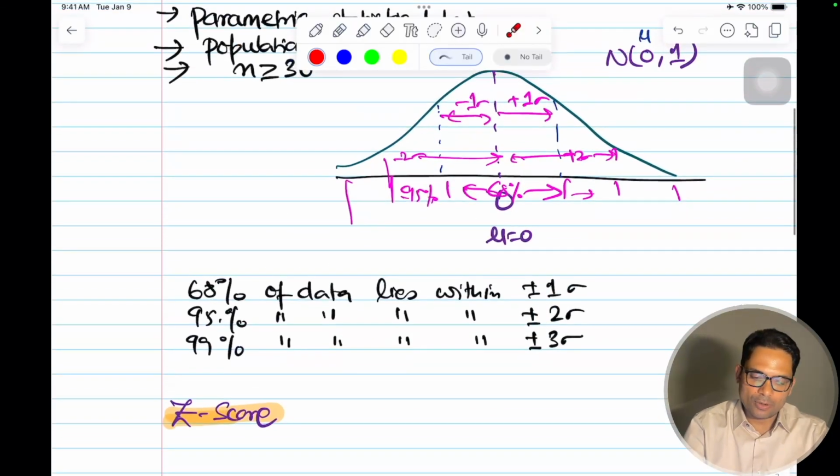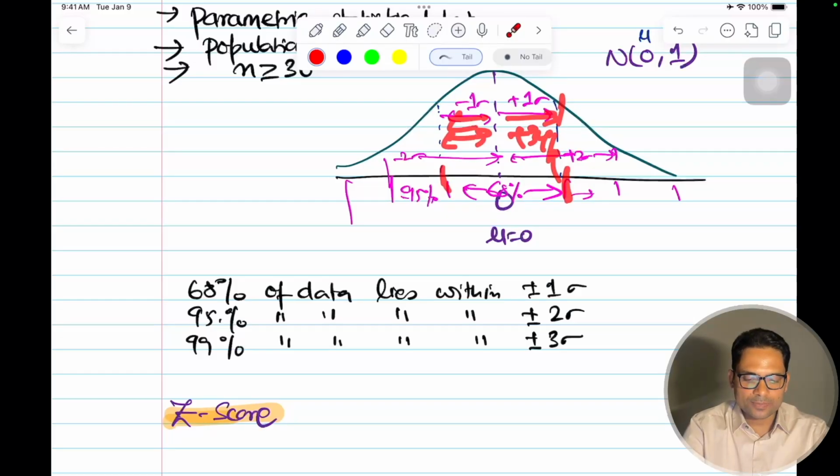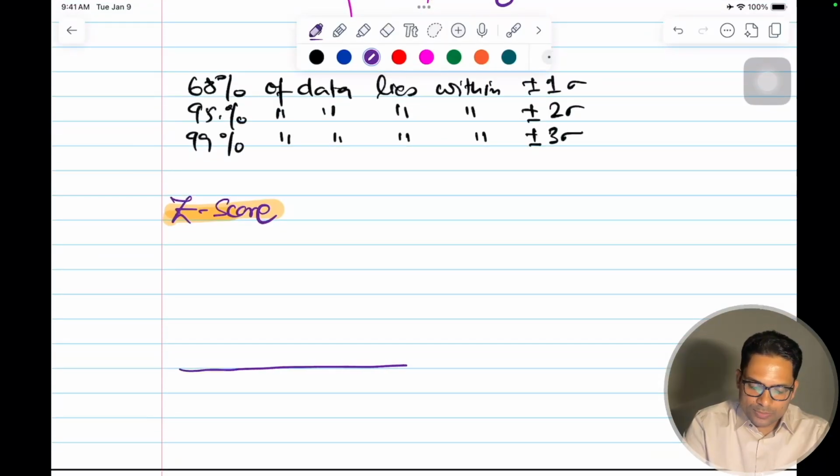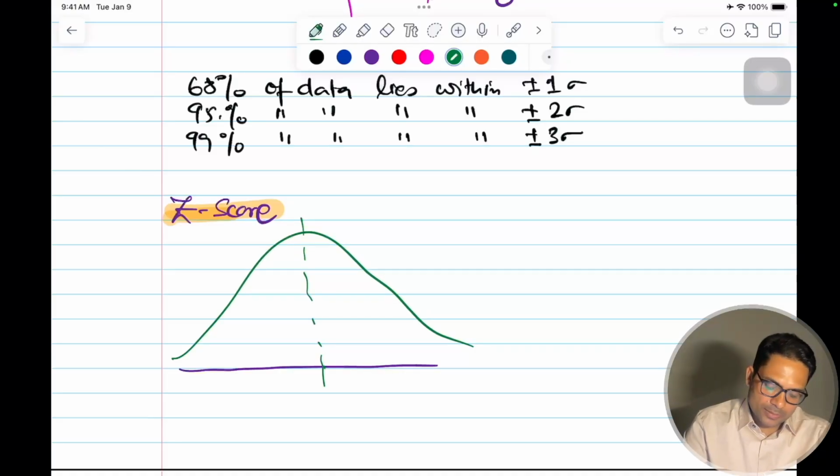Each data point is here. For each data point, if I know that it is +1 standard deviation, then about 34% of the area will be there. If I know how far the data point is from the mean, then we can find out. So for example, if I have another distribution whose mean is not 0, let me draw.